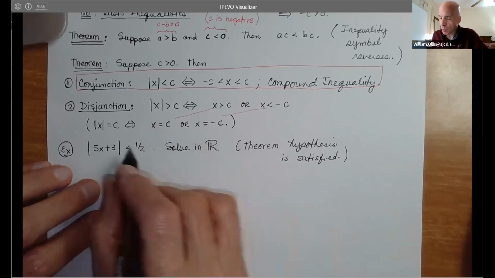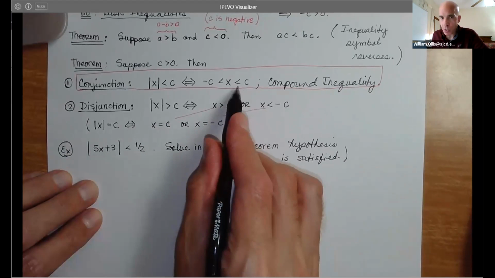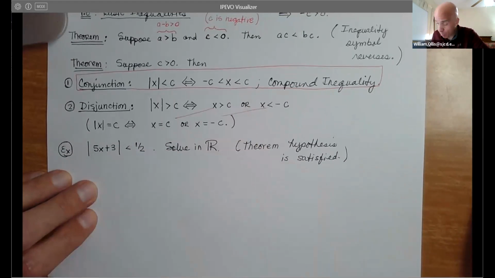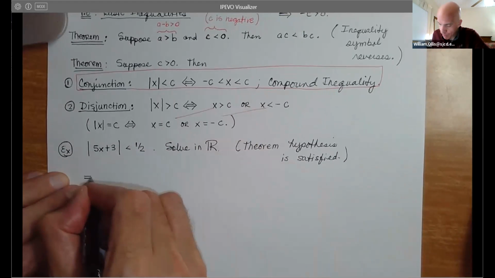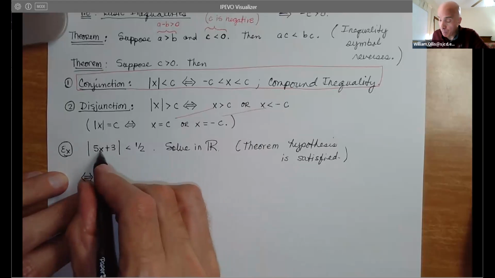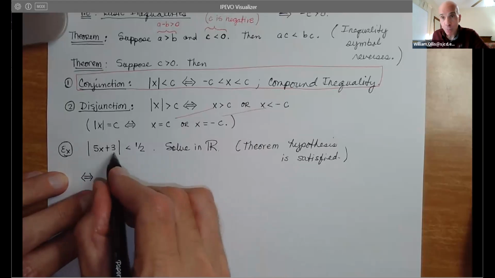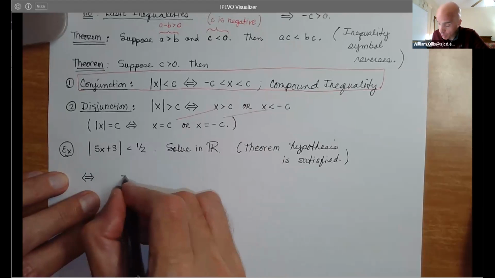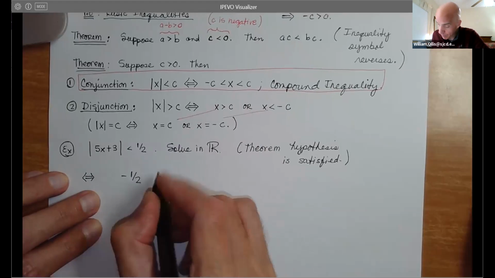So if I want to use this result, I must have this, and we see that we do have that. So now what we can do, again, this is simple, but it's important. We can now put the 5x plus 3 between the negative 1/2 and the positive 1/2 using the theorem, the conjunction.